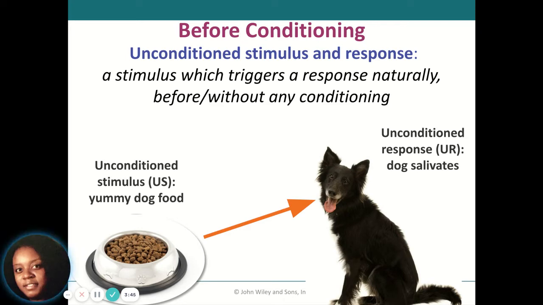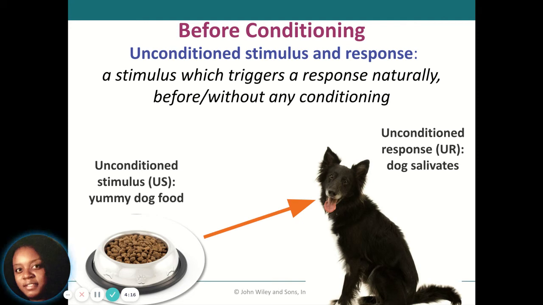So the dog didn't learn to salivate to food. The dog just naturally salivates to food when it smells or sees or knows it's about to eat. Same way it is with some humans. Humans start to get hungry when they smell food in the area. So an unconditioned stimulus is an unlearned thing, such as food, and an unconditioned response is an unlearned response, something that just naturally happens. The dog salivates.